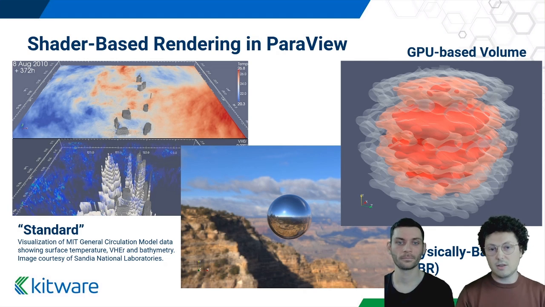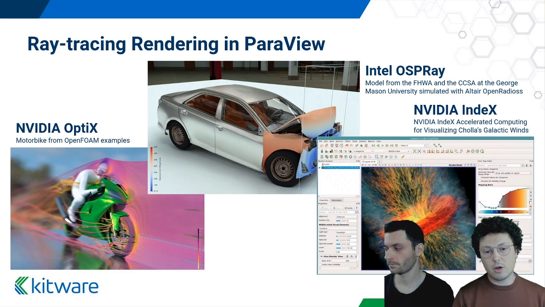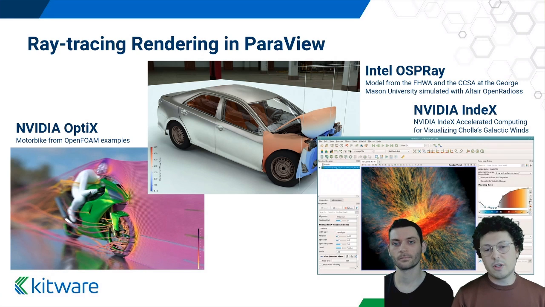The other type is ray tracing rendering. In ParaView, we have several engines available. We have NVIDIA OptiX or NVIDIA IndeX, which leverage the power of your GPU in order to perform ray tracing and have very realistic rendering of a big volume of data.